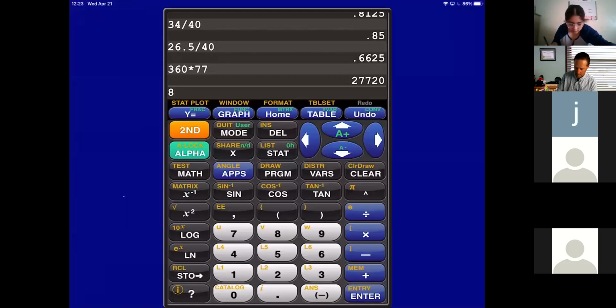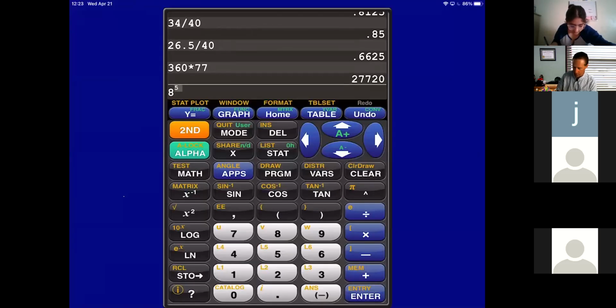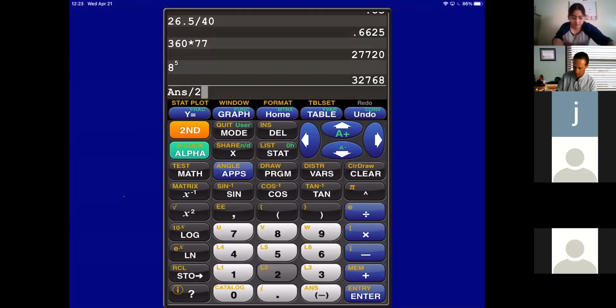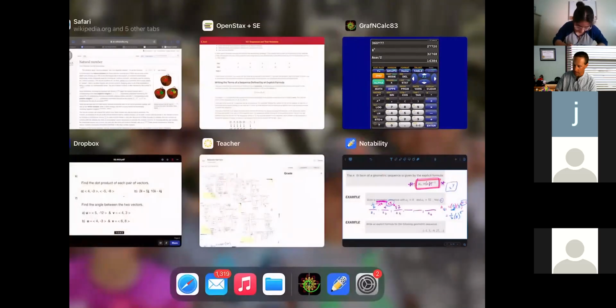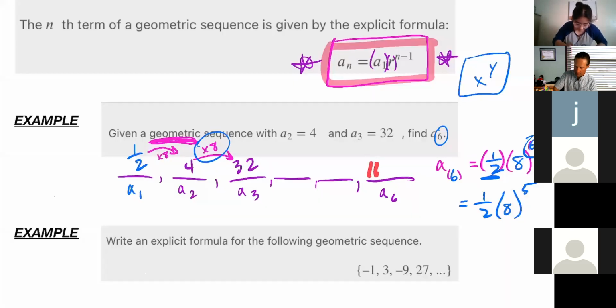So 8 I would raise to the 5th and then divide that by 2 or multiply it by half. And you get 16,384. And I'm fine with you guys not putting commas on those because we already have commas to break up our terms in this sequence.